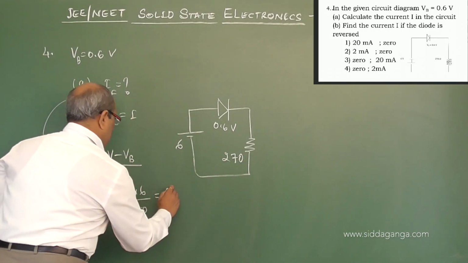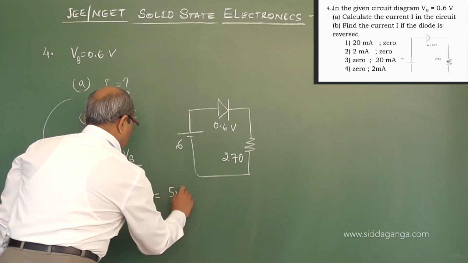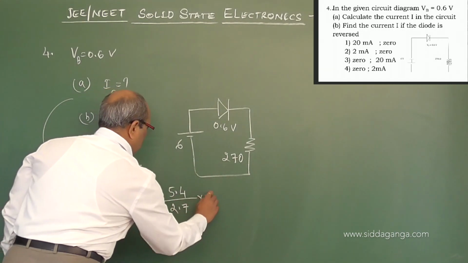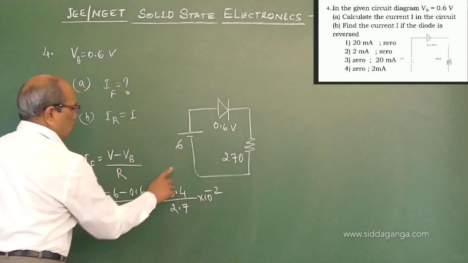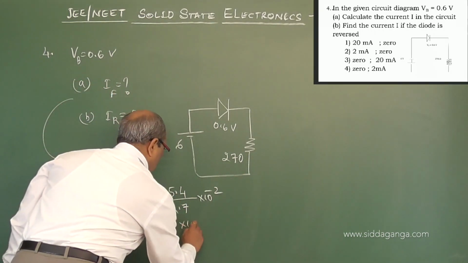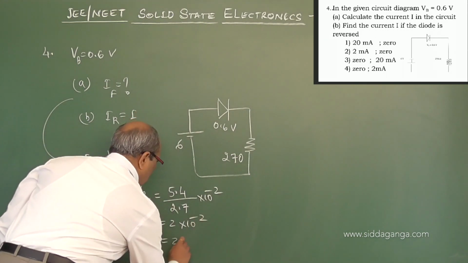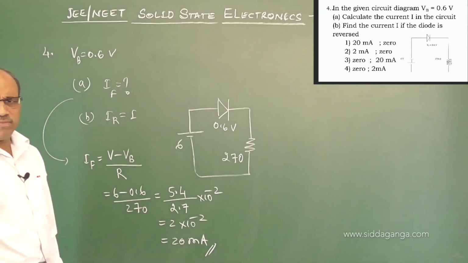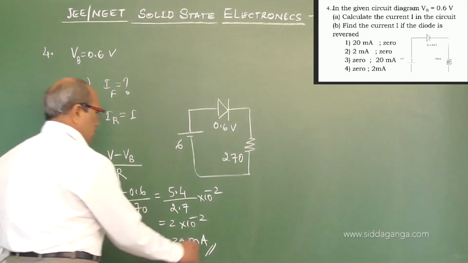If I write this, 5.4 divided by 2.7 into 10 power minus 2, it is 2 times 10 power minus 2, or 20 milliampere. Option number 20 milliampere.